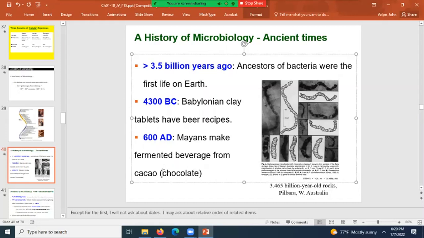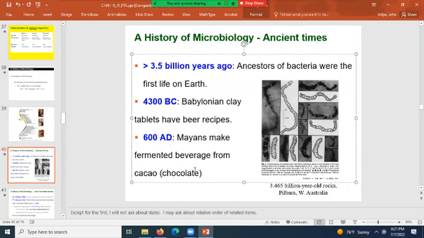It would be similar to taking baker's chocolate and melting it in water and then drinking it. It wouldn't be very appetizing, but the Mayans did ferment this beverage using microbes that did the fermentation to make cacao or chocolate.